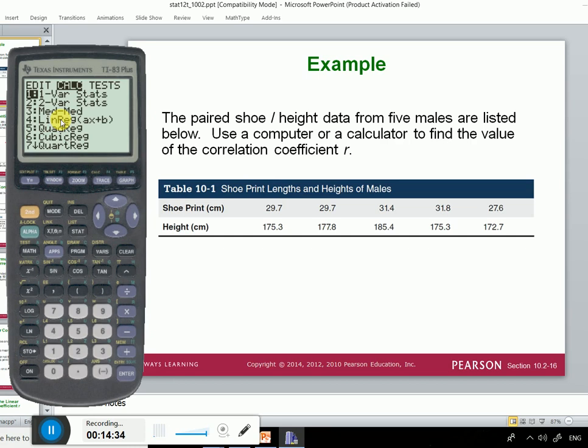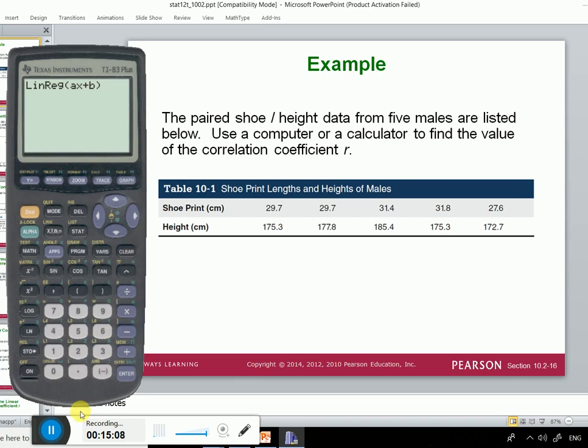So we are dealing with linear correlation coefficient or the linear regression in this chapter. So go to number 4, and no, I think I clicked on the wrong one. Let's clear everything. So go to start again, go to calculation, and go to linear.